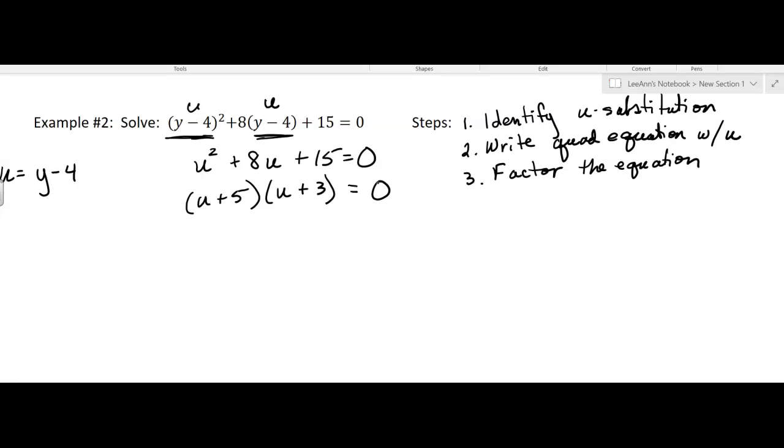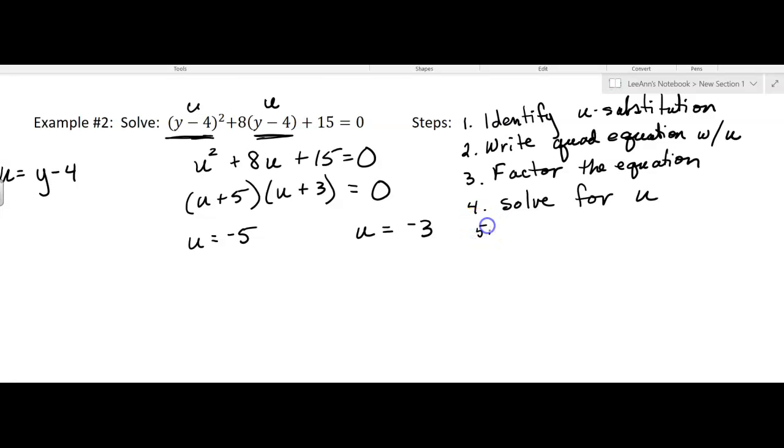So factor, and then you're going to solve the equation, solve for U. So here we have U equals negative 5. You could write a little equation if you need to, and then the other one's going to be U equals negative 3. So solve for U.